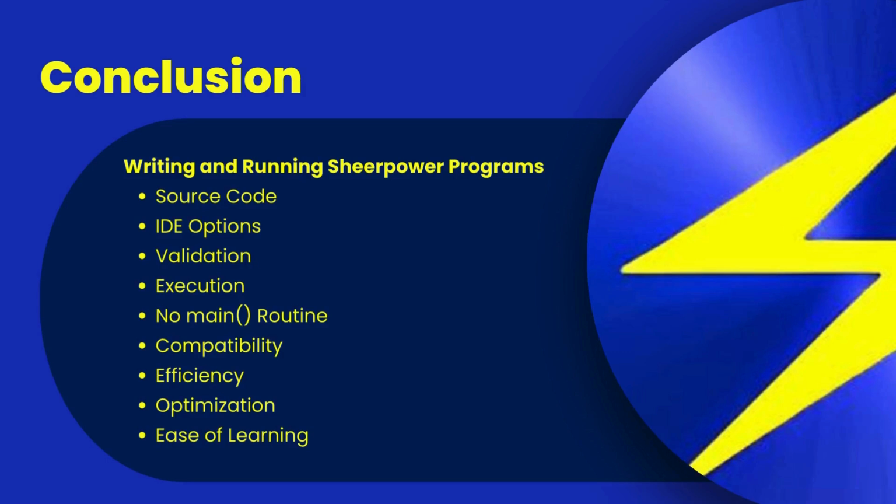Let's summarize the key points for writing and running Sheerpower programs. Source code. Sheerpower source code is written in .spsrc for primary programs and .spinc for include files. IDE options. You can use the SPDEV environment or any text editor like Visual Studio Code, VSC, with Sheerpower extensions.